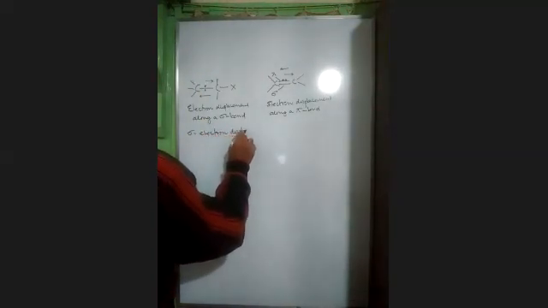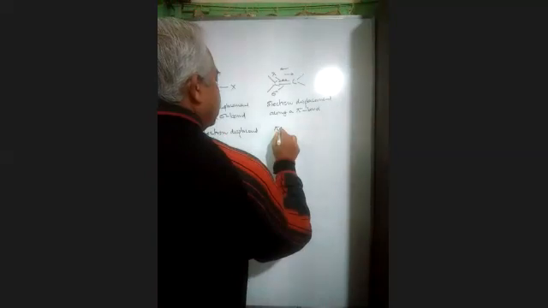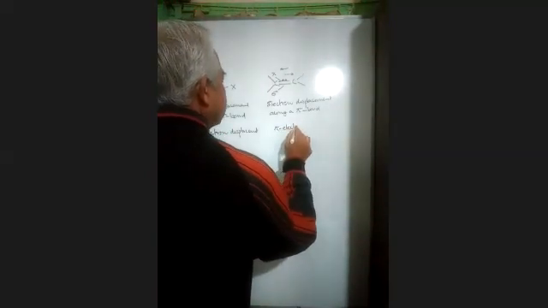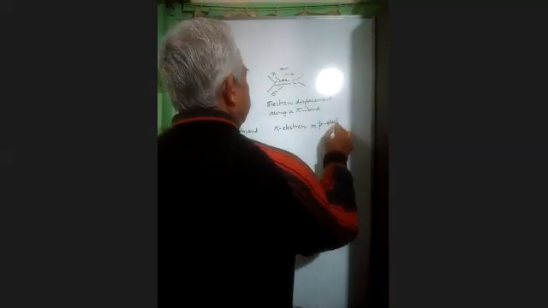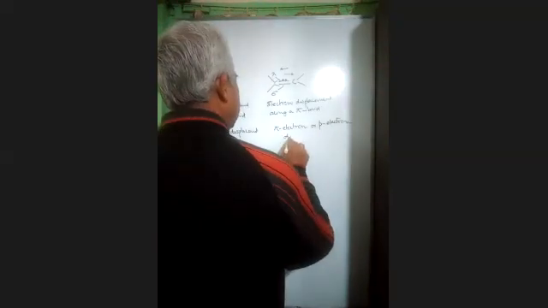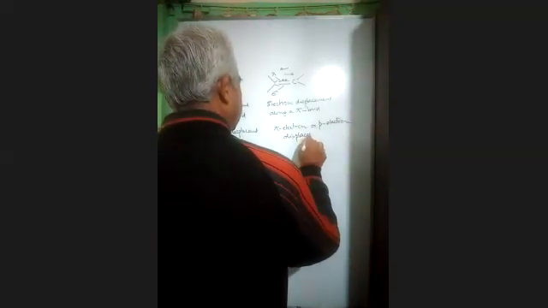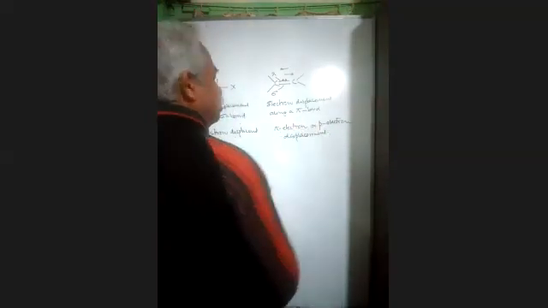Okay. So now what we can write here? We can write here sigma electron displacement. Here we can say pi electron, but the pi electron is nothing but the electron of the p orbitals, or p electron displacement.